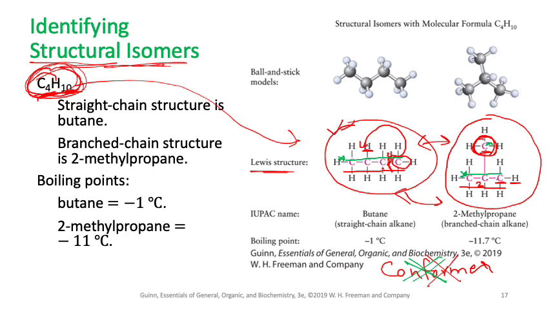This is how you can apply the conformers concept to verify whether they are conformers or not. If they're not conformers, in this case they are structural isomers, right? So let's take this concept and try to do one problem on the next slide to figure out which one is your structural isomer.